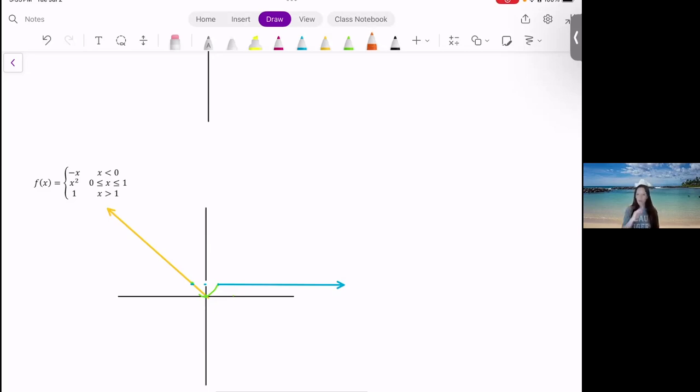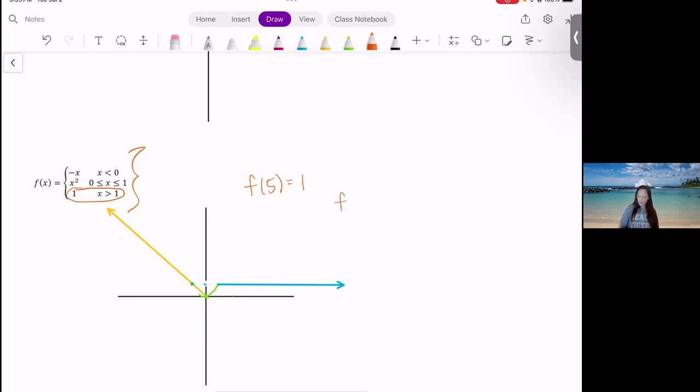If I wanted to, just really quickly on this example, figure out what f of 5 is, I would need to know where in my domain 5 is and then use that function. 5 is greater than 1, which means that this would have a value of 1 because we are in the x more than 1 category.